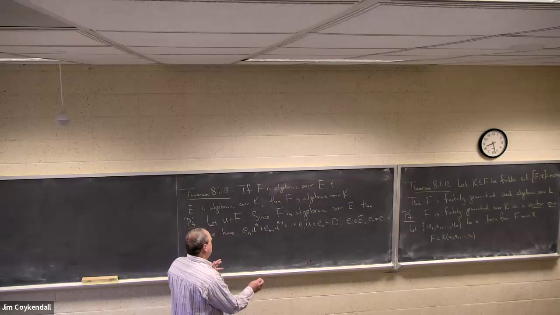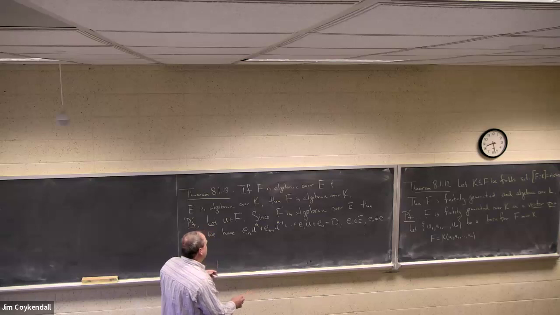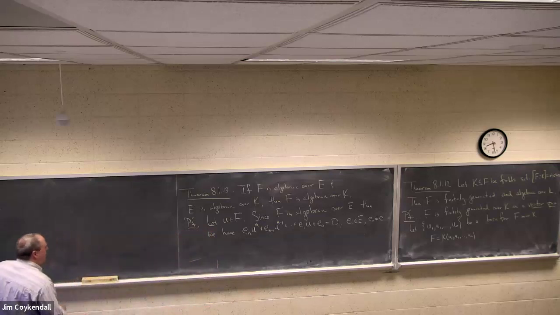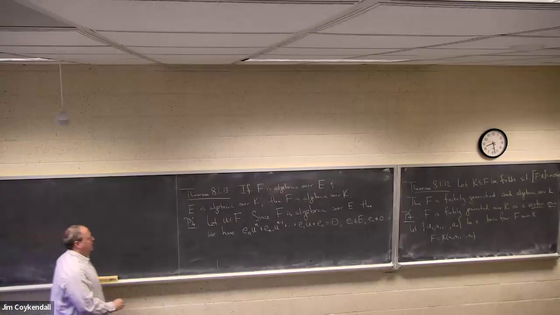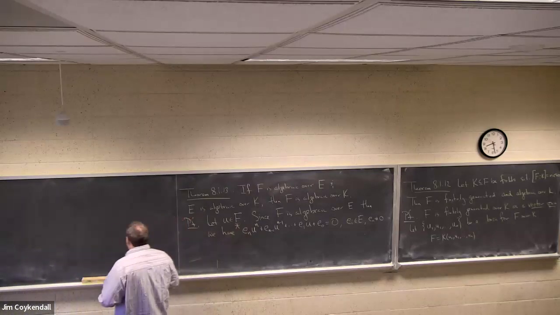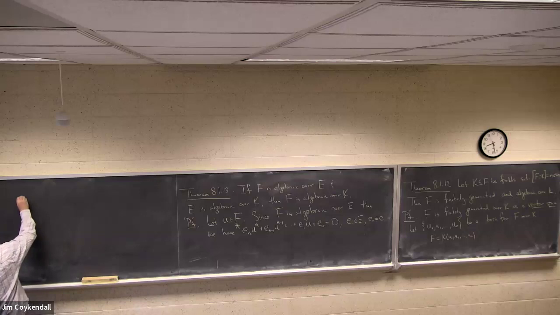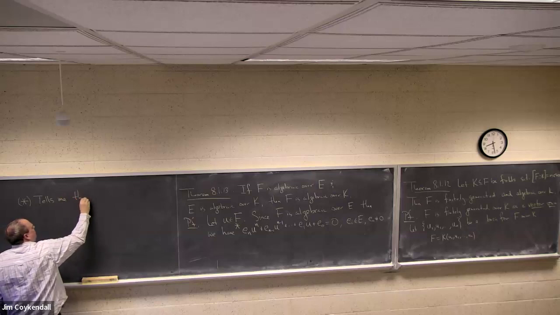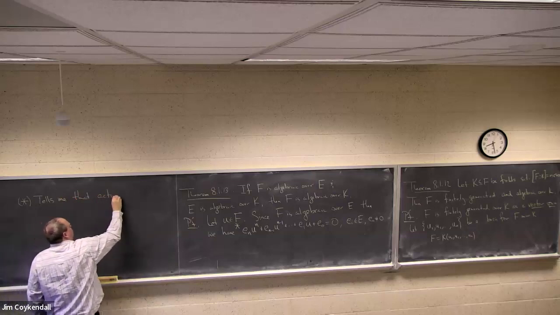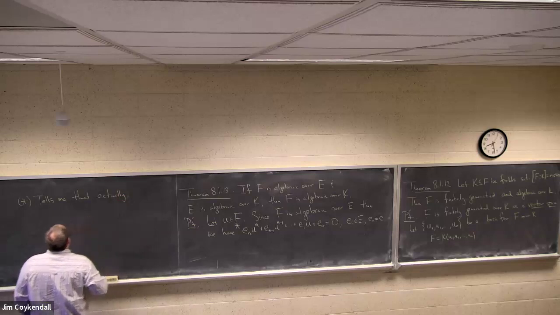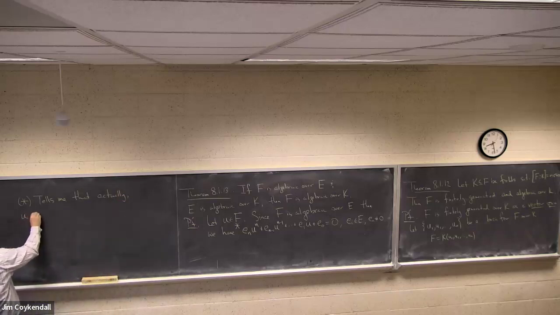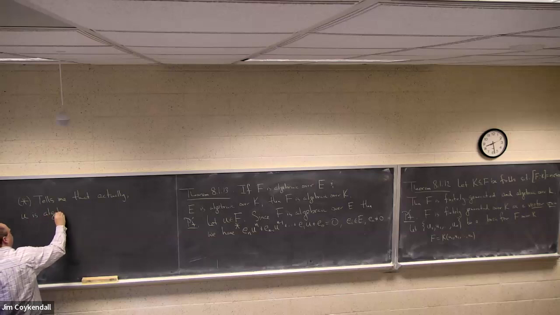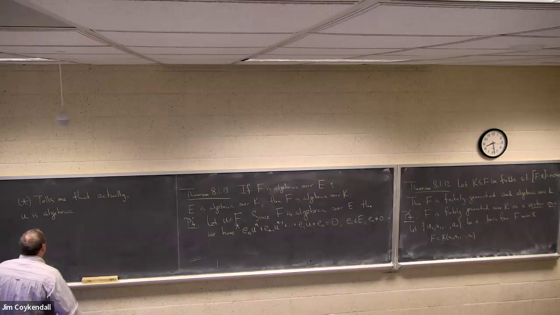I look at the equation and it's speaking to me. It's those voices again. And what is this equation telling me? This equation actually says, let me give it a name, I'll call it star. Star is telling me more. Actually, u is algebraic. It's certainly algebraic over E, but you can do better.